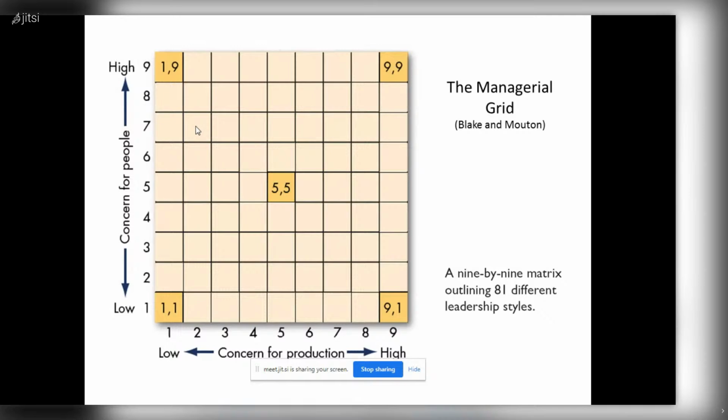What we can observe is different kinds of leadership styles, which style we can identify based on these two dimensions. But even this grid has not given an answer on how to become an effective leader.